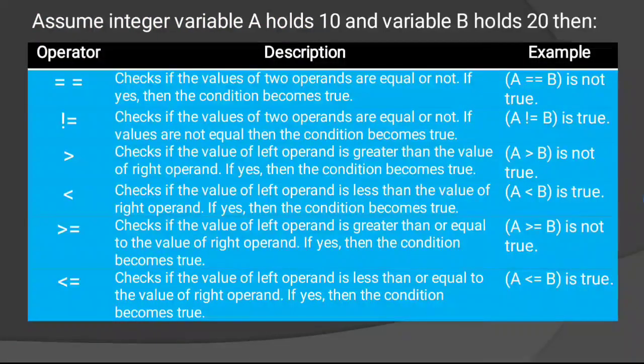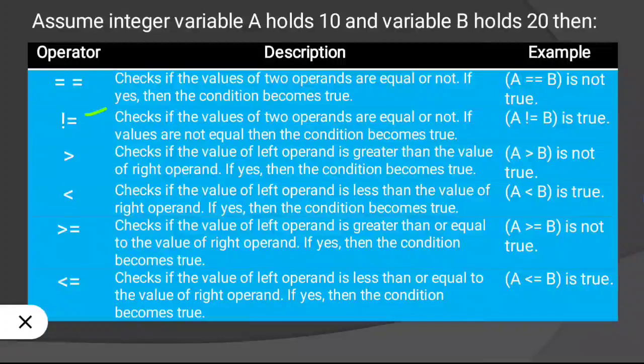See some example here given. Less than, you know how we will use. Similarly, double equal to, we use to equal two numbers, means when we need to compare two numbers, that time we will use double equal to. Then not equal to, it is also need to compare.